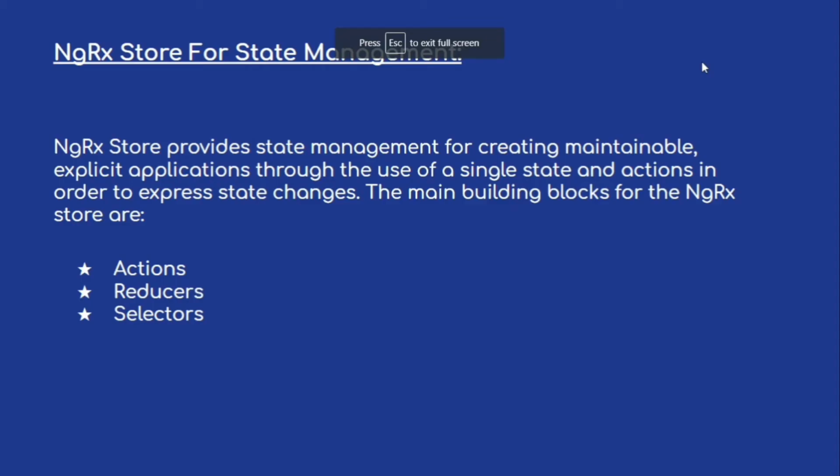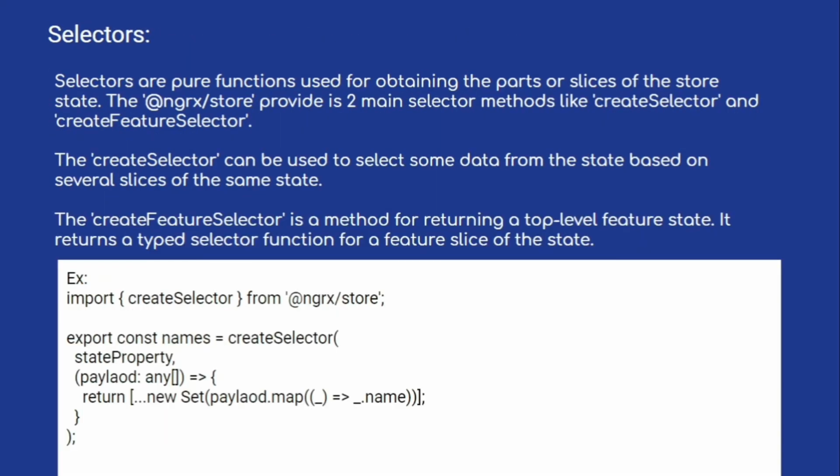Okay. So after actions and reducers, the last main thing for our NgRx store is selectors. Okay. So what are selectors? Selectors are also pure functions used for obtaining parts or slices of the store state. So selectors are meant for fetching data from the store, like either the full state or a slice of state or piece, or internally it can dig deeper and get the slice of data from the store very easily.